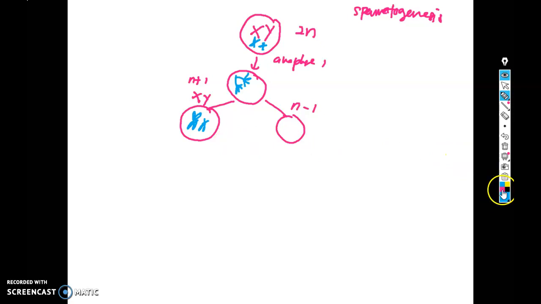So what happened if there is no non-disjunction? Here we have a non-disjunction. And if anaphase occurs normally, so we look at anaphase occurring normally, it will be like this, and it becomes like this.